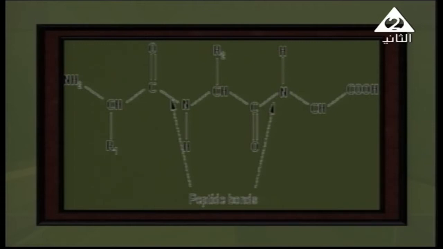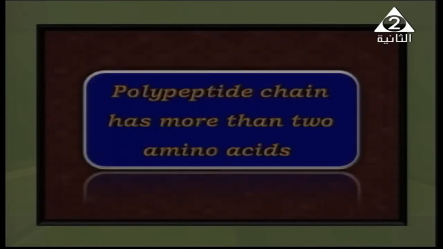So the number of amino acids is a factor that causes the difference in proteins. A polypeptide chain has more than two amino acids. So again, the number of amino acids is a factor that causes the difference in proteins.